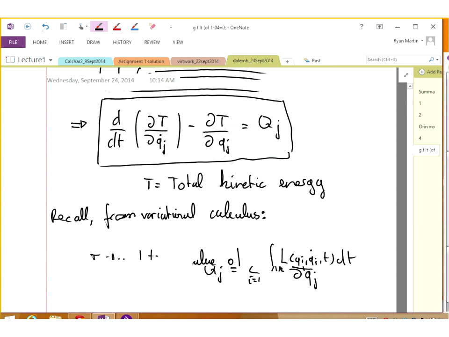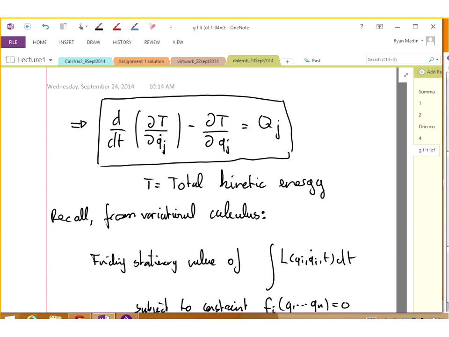So compare this to what we just derived from D'Alembert's principle. It looks very similar, right? Instead of L, we had called it T. And then we didn't have constraints. Rather, we had these forces. The Qj's are the generalized forces.